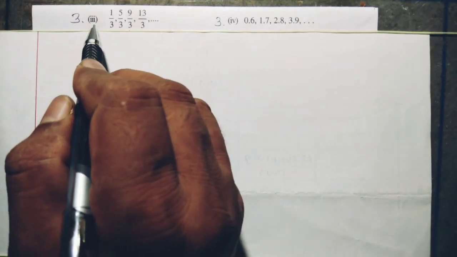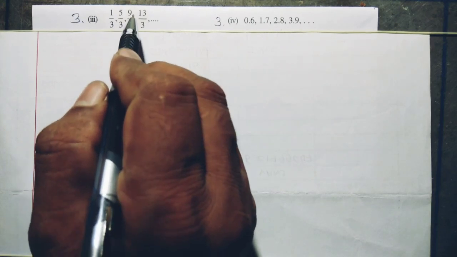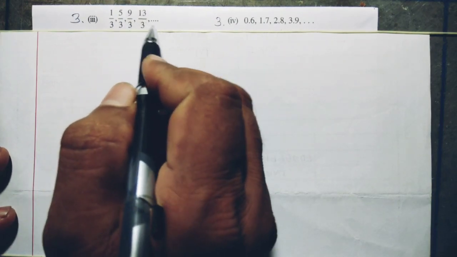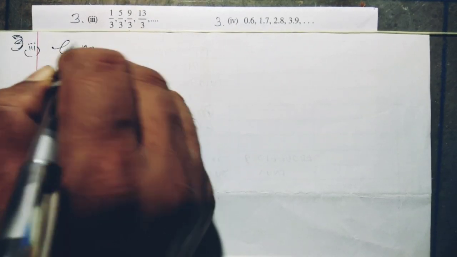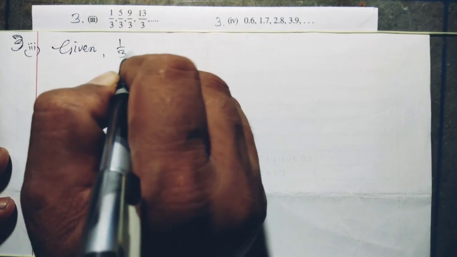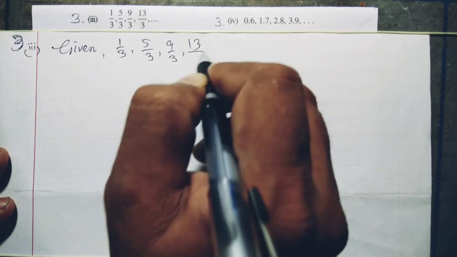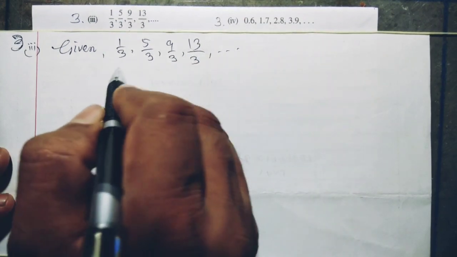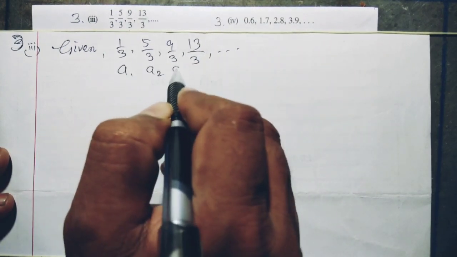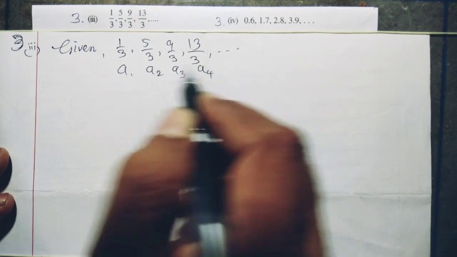Third bit, third problem: 1 by 3, 5 by 3, 9 by 3, 13 by 3 and so on. Solution for third bit, third problem. Given 1 by 3, 5 by 3, 9 by 3, 13 by 3 and so on. This is the first term, second term, third term, fourth term.